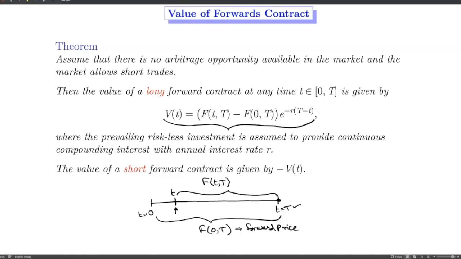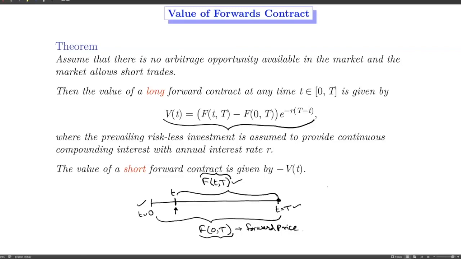Now at this time, you see you have a contract which says you will sell the asset at this price, whereas somebody else has the contract in which they also sell the same asset at the same time but with this price, right? Now, with respect to their contract, what is your value at time t?